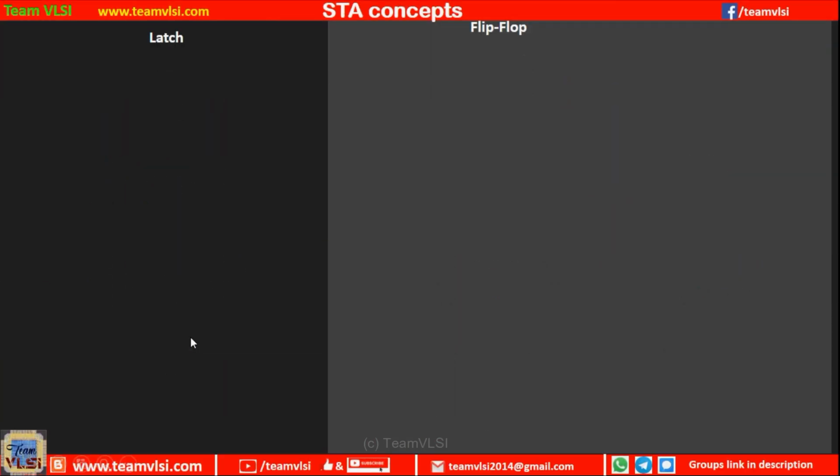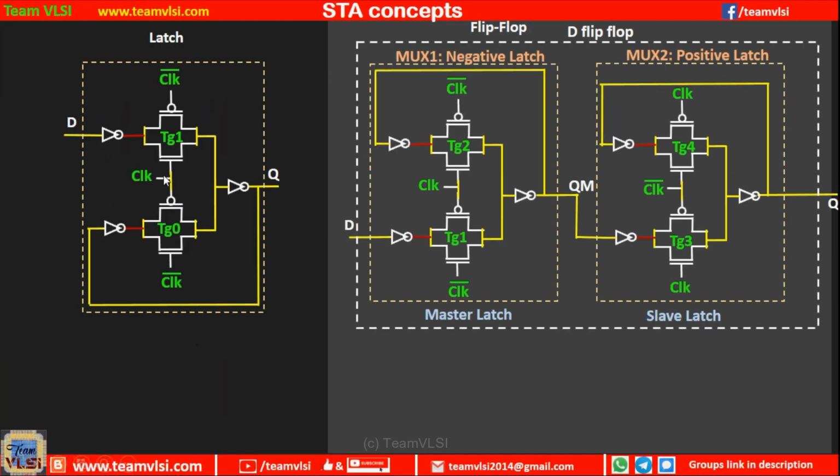If we talk about the latches at the transistor level, we can represent the latch and flip-flop using transmission gates. A transmission gate is nothing but an NMOS and a PMOS transistor connected in parallel in this way.